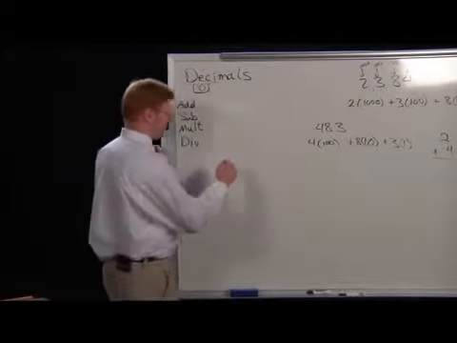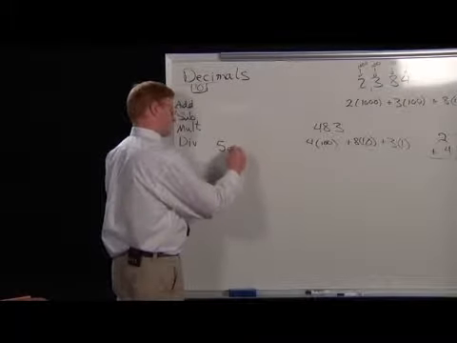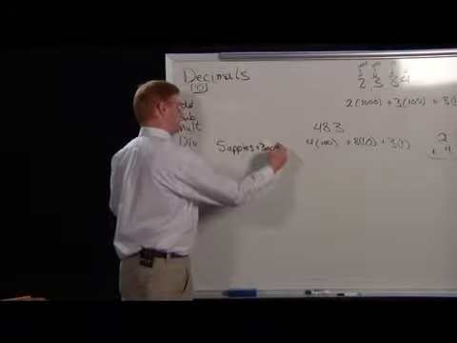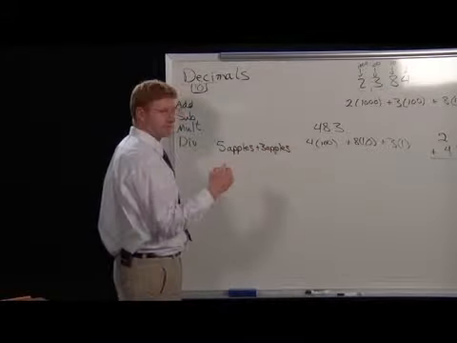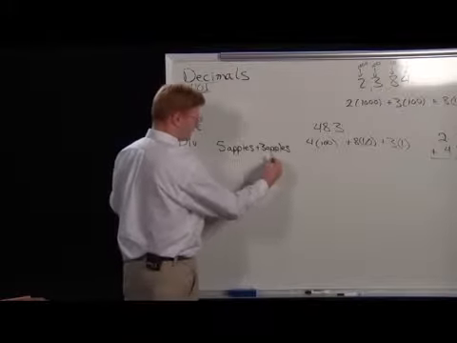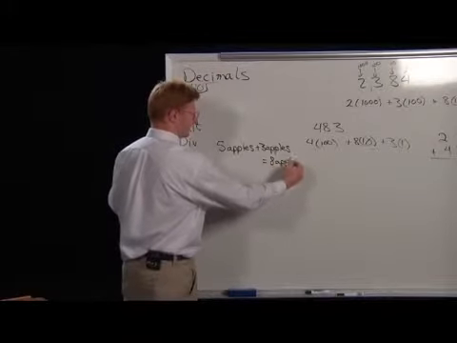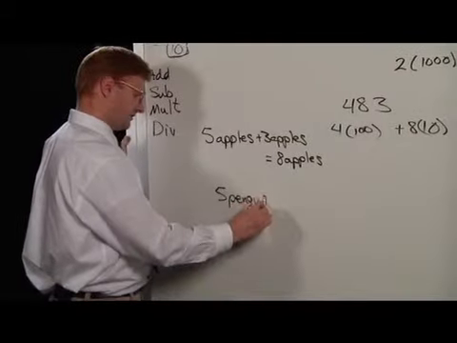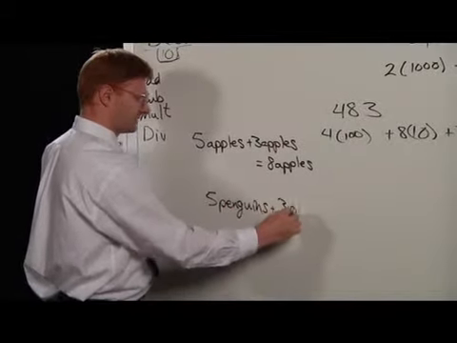I'm going to ask you a couple of questions. You have 5 apples plus 3 apples. You get what? Obviously, you got 8 apples going on. Okay? You have 5 penguins plus 3 penguins.